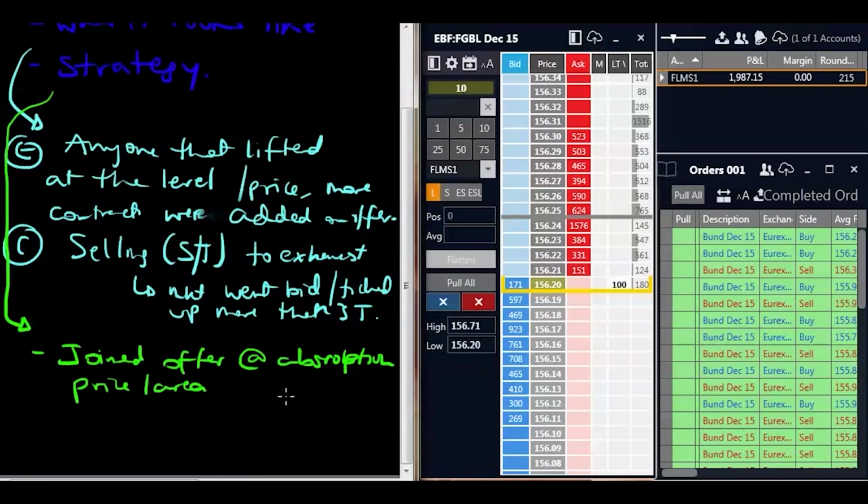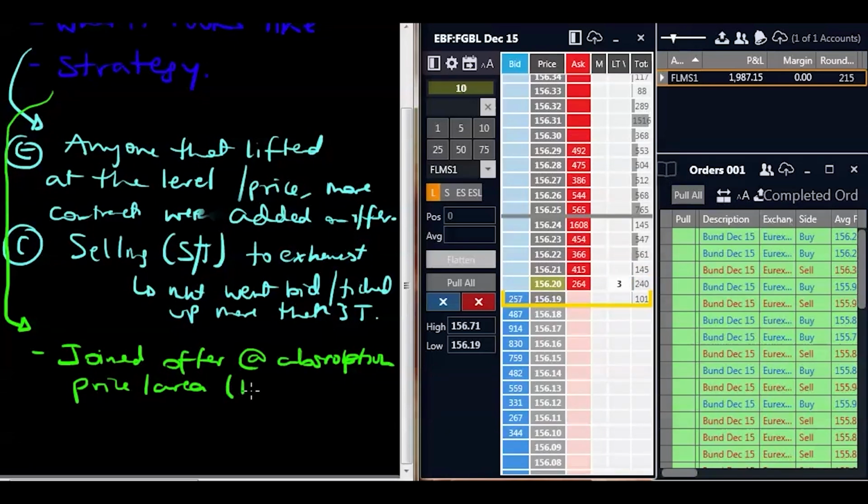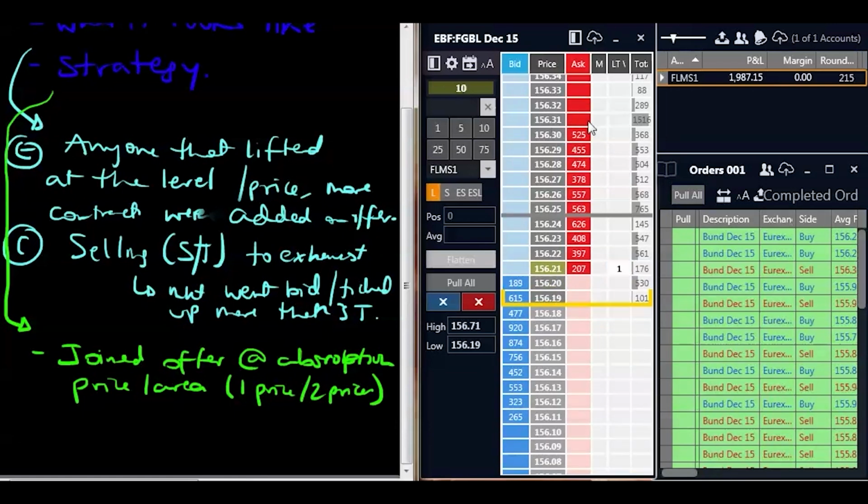Now, obviously, it's going to depend. In a very short term, that could be one price, that could be two prices, it could be 3 or 4 prices. But we saw it over 30s. We specifically saw it over 30s and 31s. So these two prices here were our absorption area. We saw it at both those prices. We did see it a little bit lower as well, but that was the main entry point.